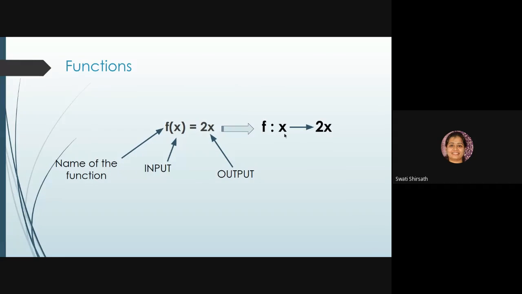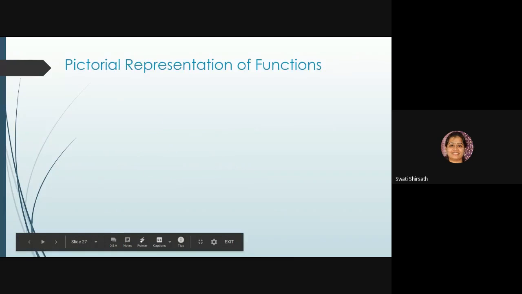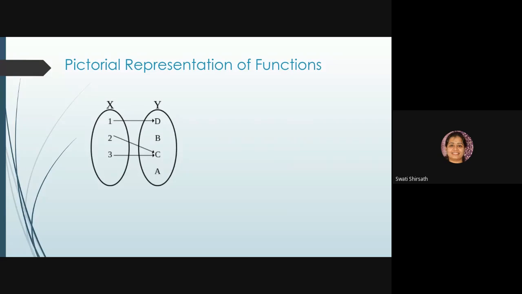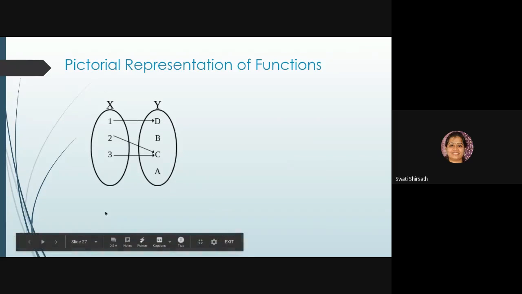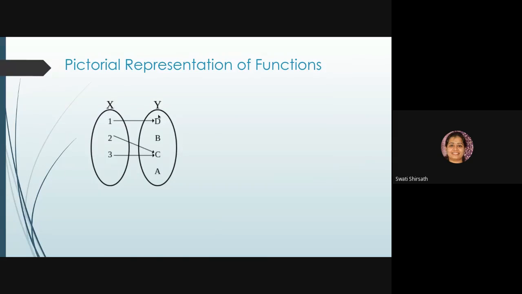So both are the same. If this mapping is given, you should know how to convert it into this form. Okay. Then after that, we have some pictorial representation of a function. So this type, you know, that we write these ovals, and for the left hand side oval, we write the name of that set, and on the right hand side, we write the name of the codomain, that is range.